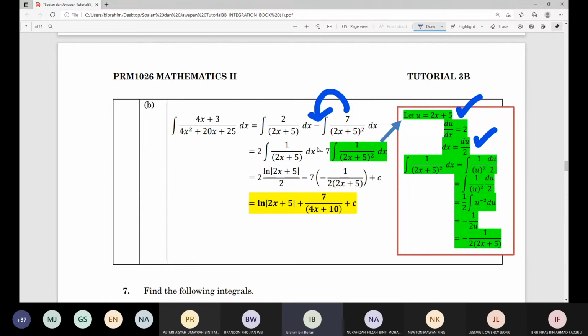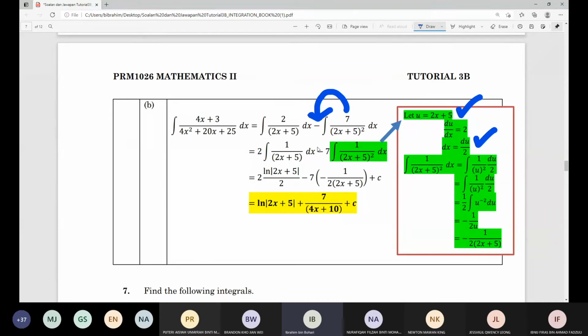Move out the fraction 1 over 2, times 1 over u squared, and the answer equals negative 1 over 2u. Replace u with 2x plus 5, giving negative 1 over 2 times (2x plus 5). You will get it like this.